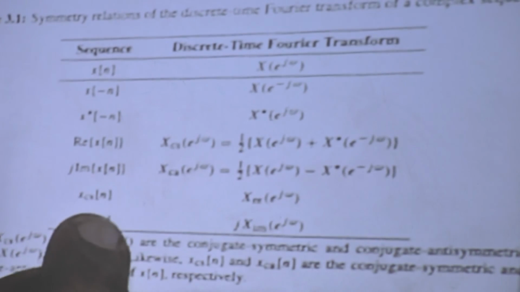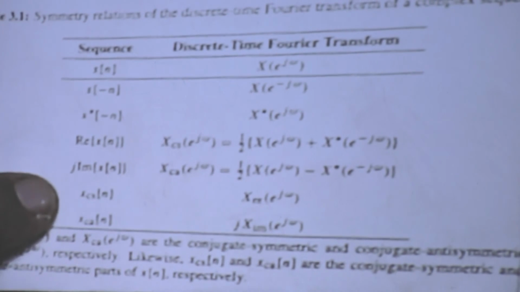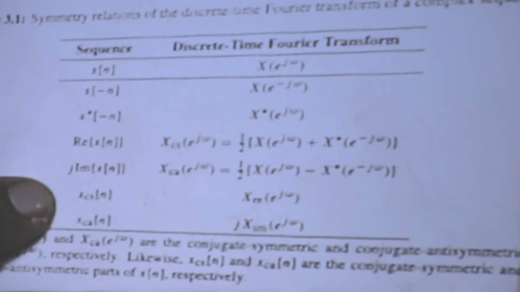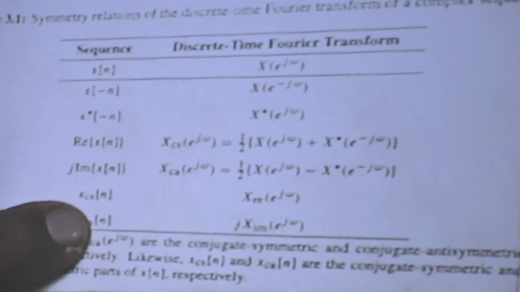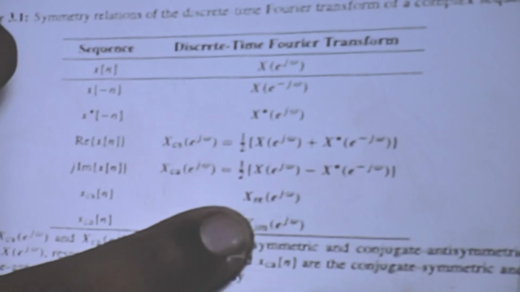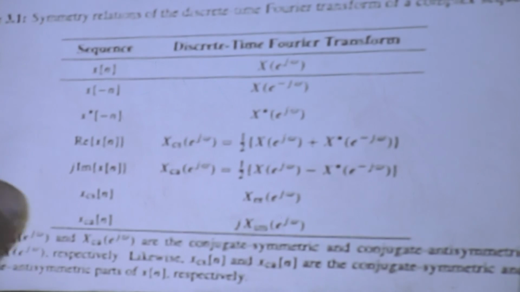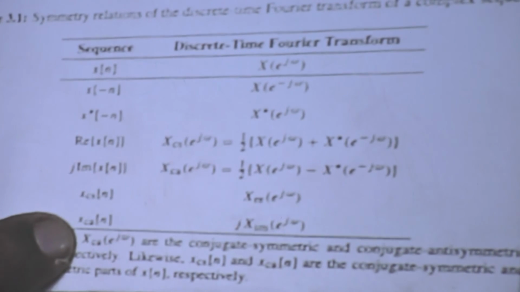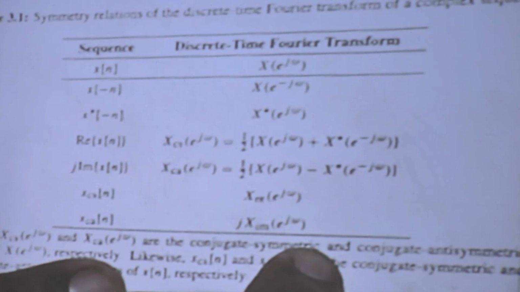The last 2 points are the duals of the earlier 2. The sequence is x_cs[n], the conjugate symmetric part of x[n]. The Fourier transform is X_re(e^{jω}), and the conjugate antisymmetric sequence will have Fourier transform j times X_im(e^{jω}).